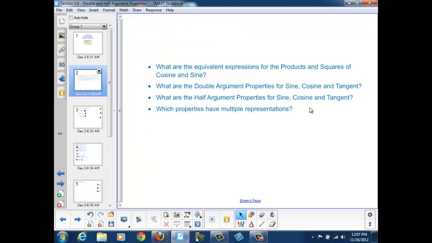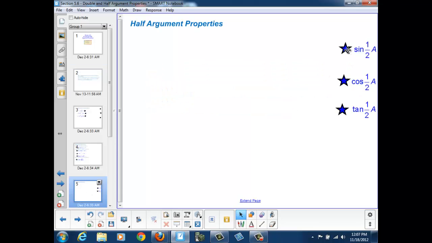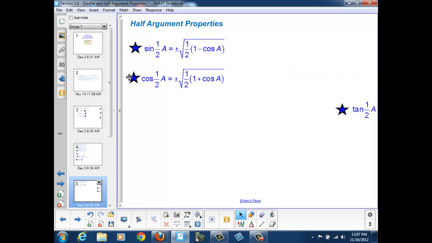What are the half-argument properties for sine, cosine, and tangent? Well, the sine of 1/2 a is equal to plus or minus the square root of 1/2 times the quantity 1 minus cosine a. The cosine of 1/2 a is equal to plus or minus the square root of 1/2 times the quantity 1 plus cosine a.